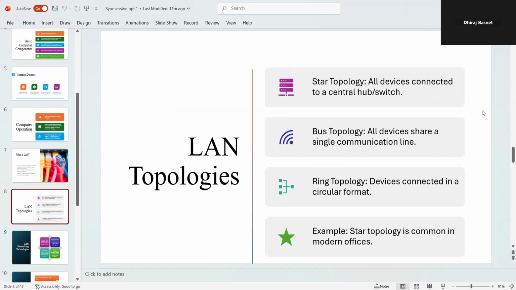In ring topology, devices are connected in a circular fashion and data travels in one direction. Star topology is commonly used in modern offices because failure in one device doesn't affect the others, making it highly reliable.